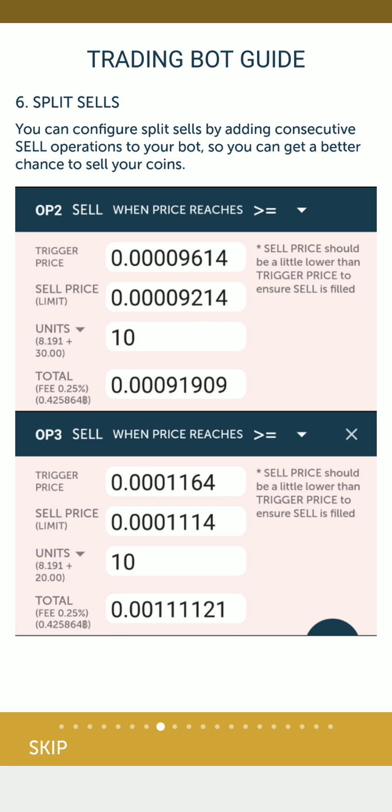Option 3, sell when price hits 0.001164, the trigger, sell price 0.0001114, units 10, you would walk away with 0.001 BTC.